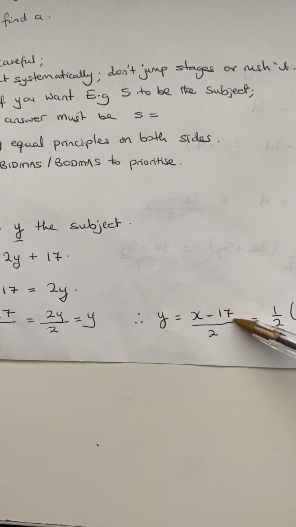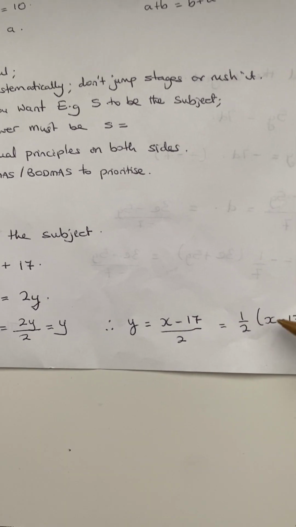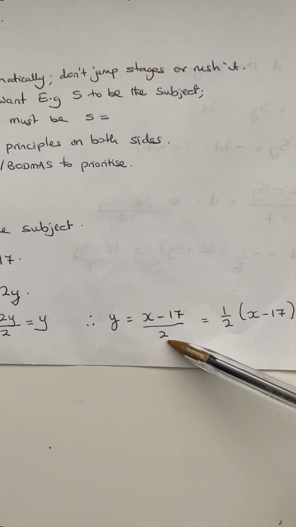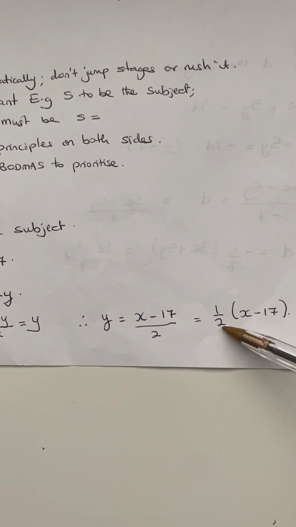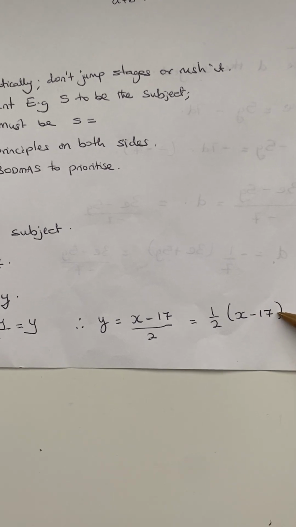You can leave your answer this way, or as we talked about identities yesterday, this divided by 2 is half, so we can do half into brackets x minus 17.